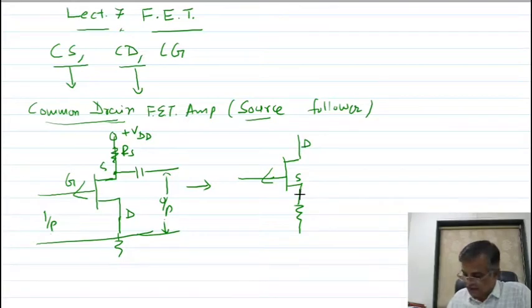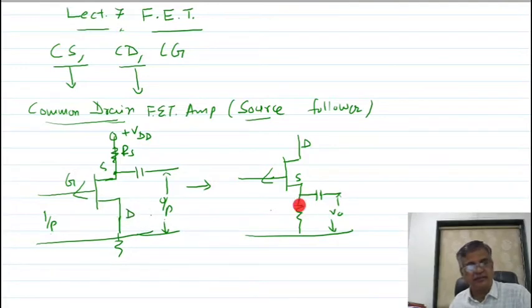And here is the output you are taking. This too is the same circuit. Look here, the drain is common between input and output, and the output you are taking from the source lead.